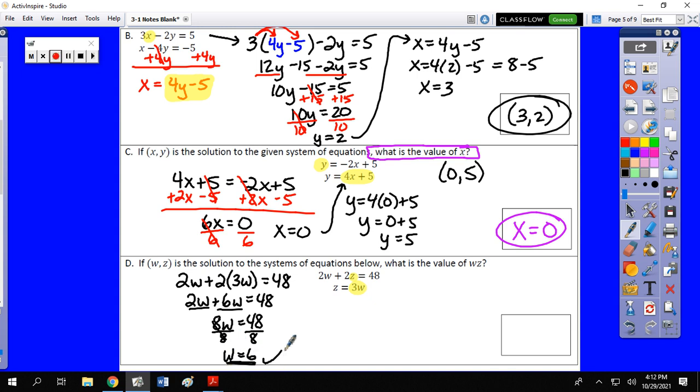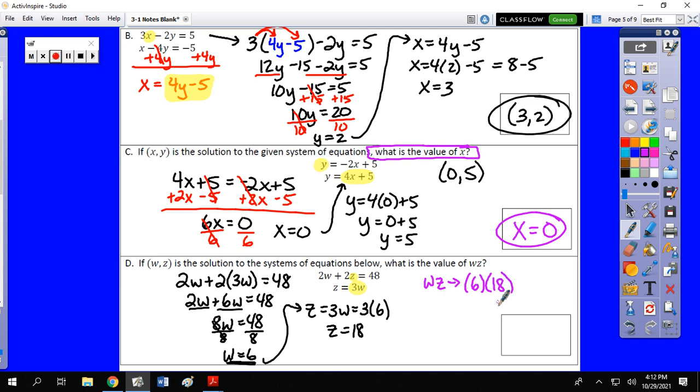If W is equal to 6, then Z is 3 times W, so 3 times 6, so Z is 18. Now the final step is to take those values and multiply them together. W times Z would be 6 times 18. We would multiply those together.